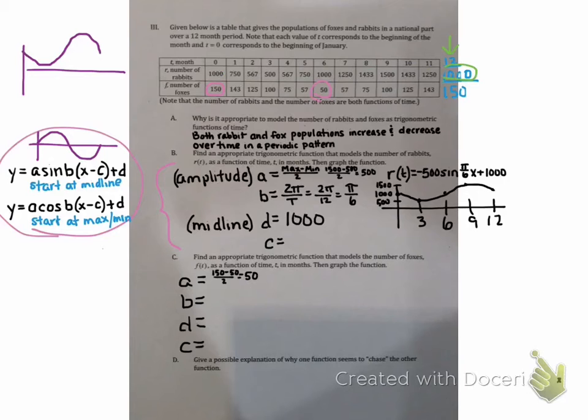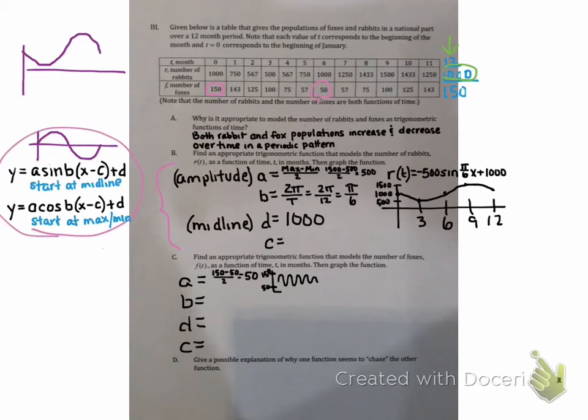All right, so just get a feel for that. What does that mean? It means my maximum's at 150. So if I were looking at a graph, if I was up here at 150, and here's 50, then my graph is just going to be going up and down between those two numbers, right?